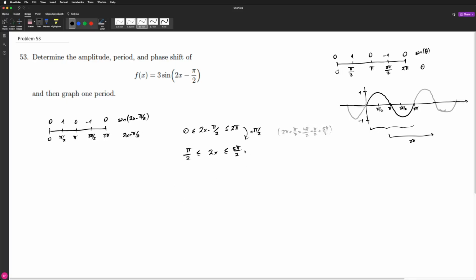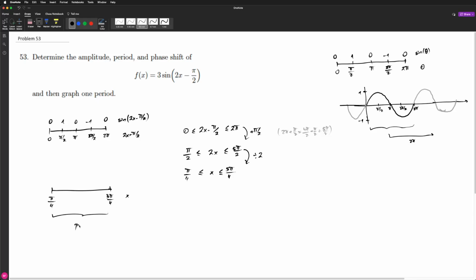And then I would divide everything by 2. And that means my period for x, if I'm thinking in terms of x, starts at pi over 4 and ends at 5 pi over 4.